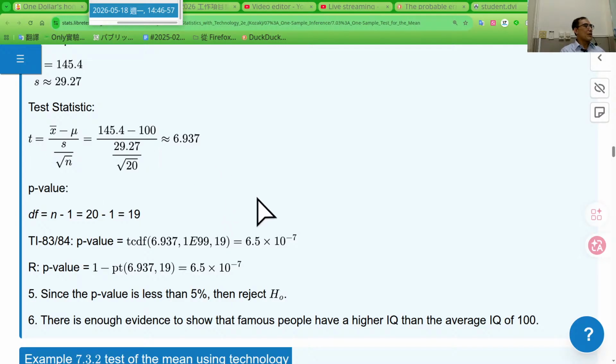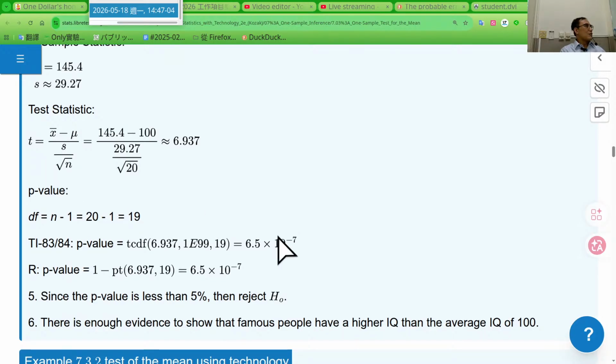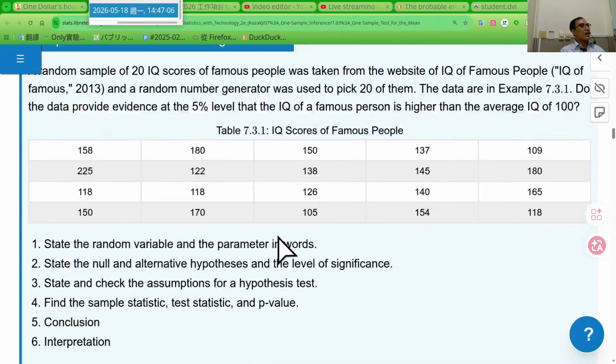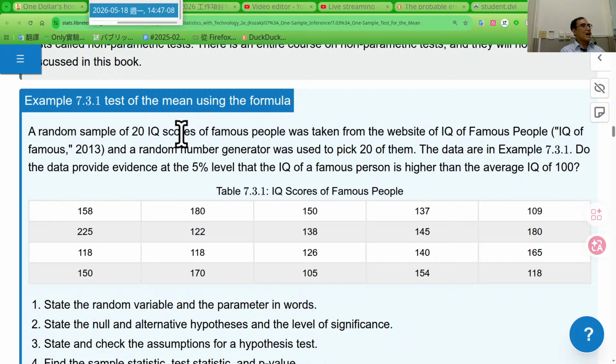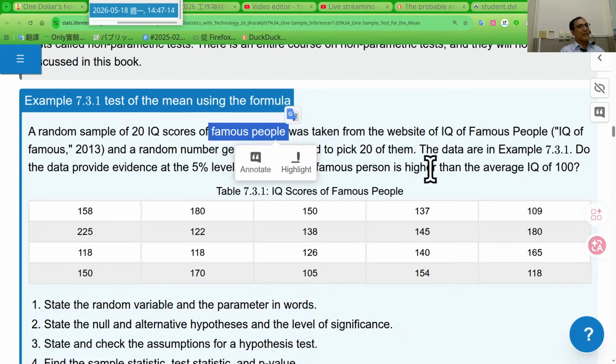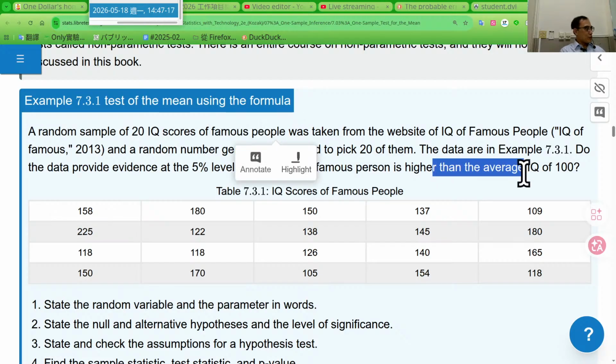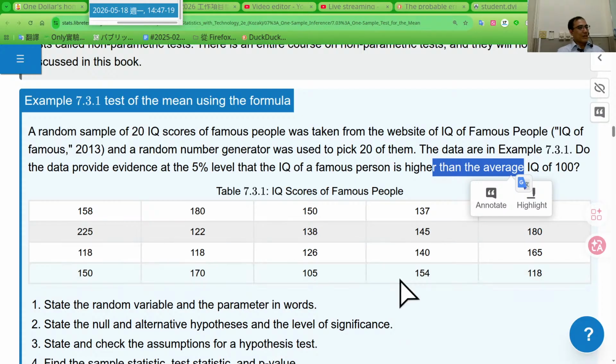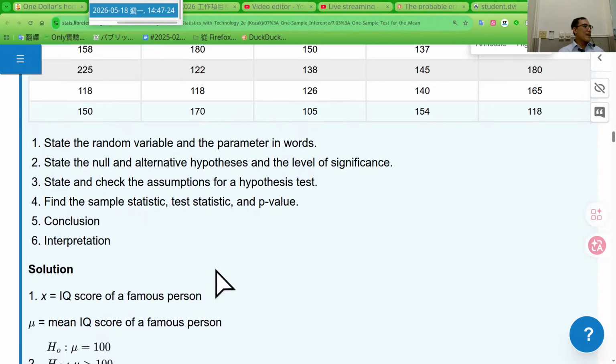Then we can say one thing, that those 20 selected IQ scores from famous people are significantly higher than the average. So far is okay. Okay, we have a quick review of this one. Then we can move to here.